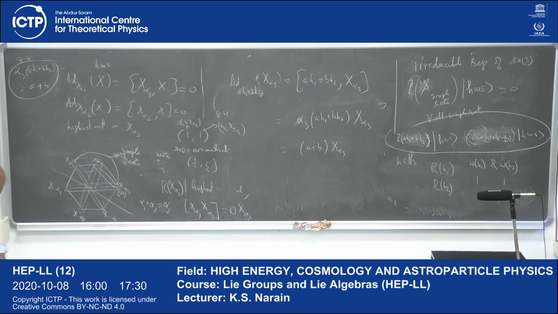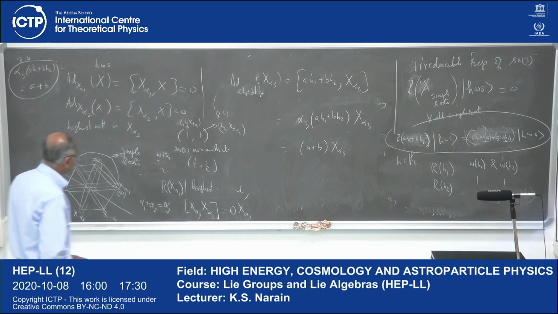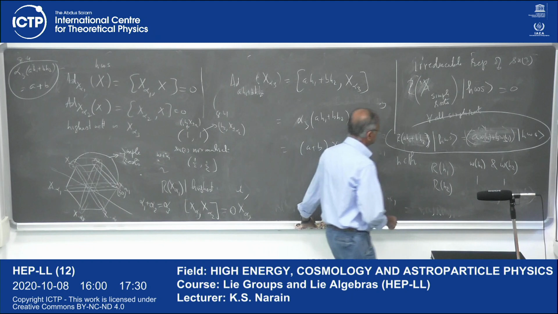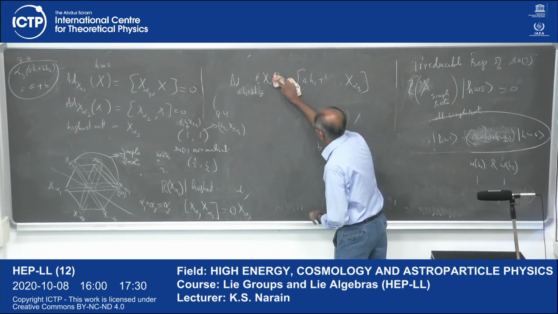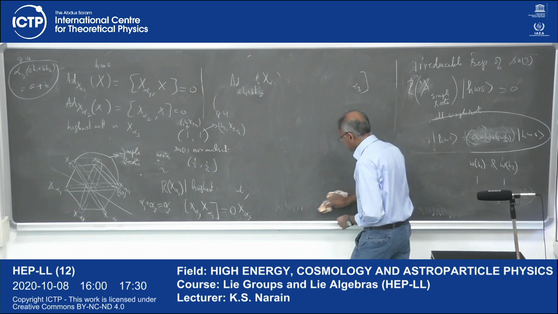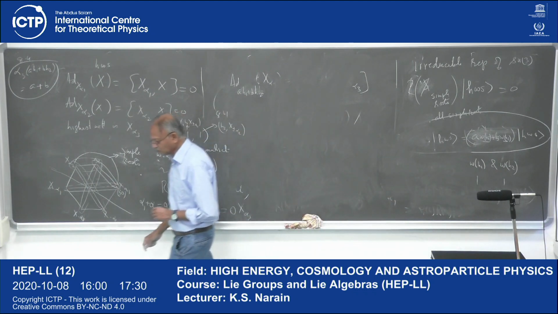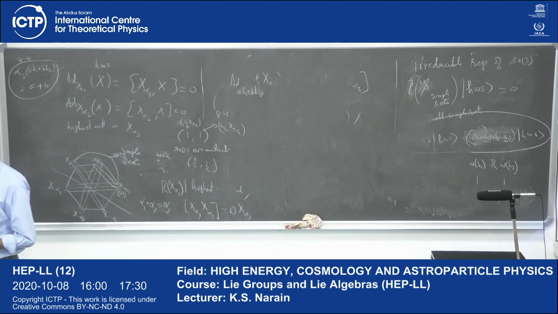So before I finish, I'll just take one example. The statement is just like for SU2, where we said there exists a finite dimensional irreducible representation for any non-negative J, integer or half integer. The same statement is here.